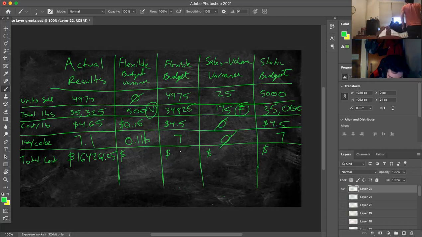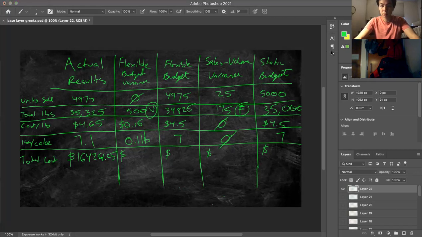And then we can also do the static budget total cost. Just give me a second. Hello. Hi. All right, cool. So for the static budget cost, I got 157,500.